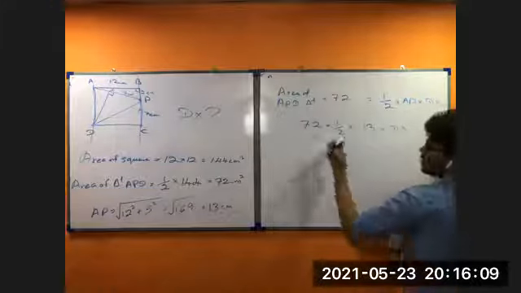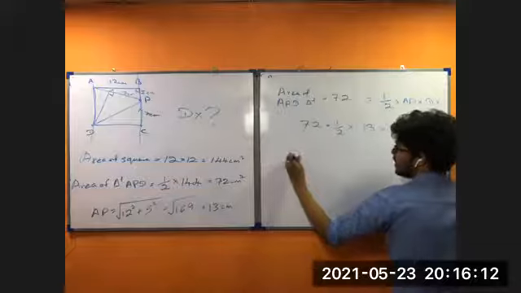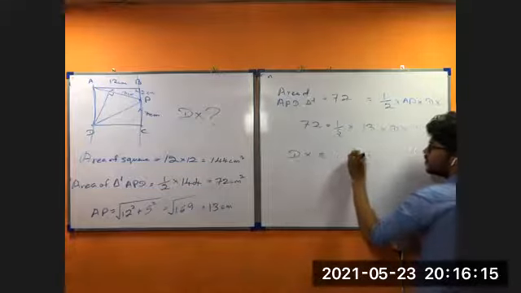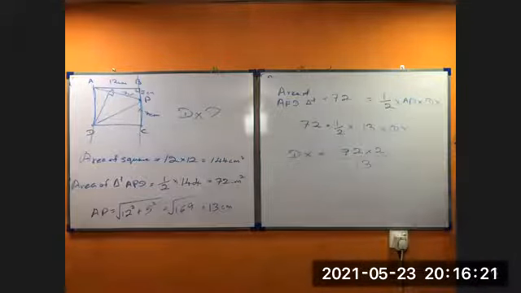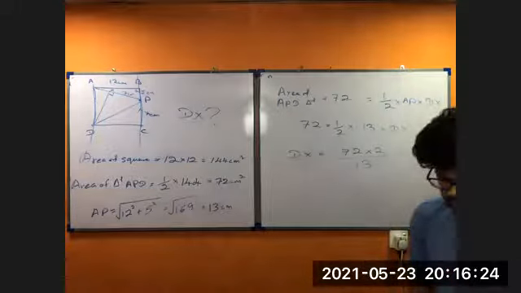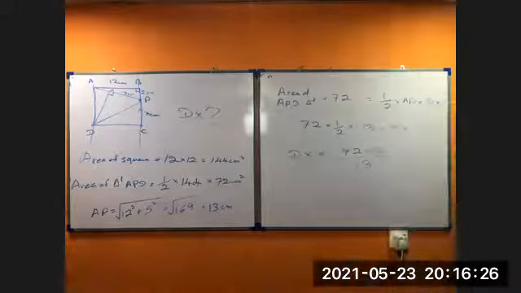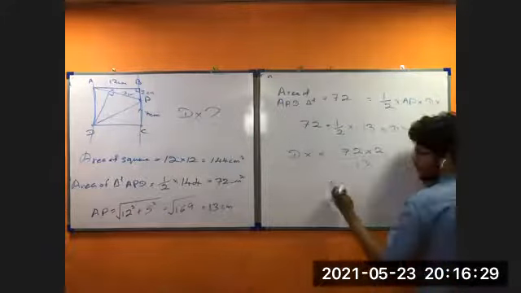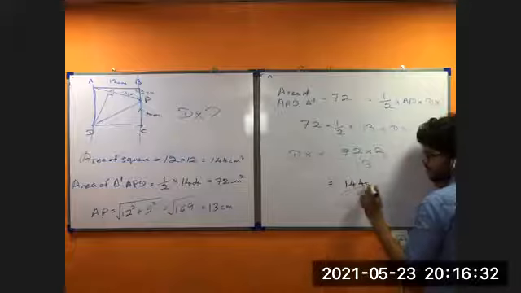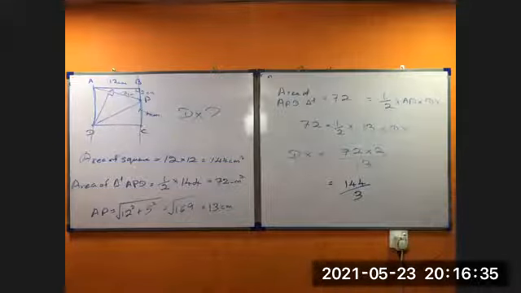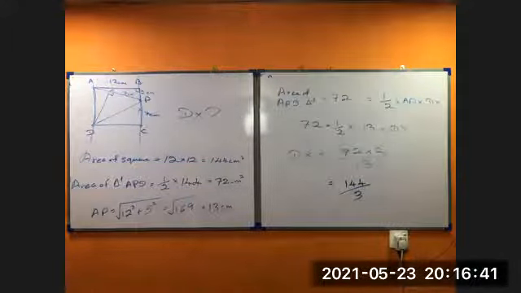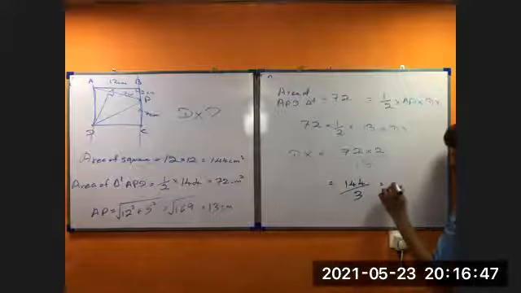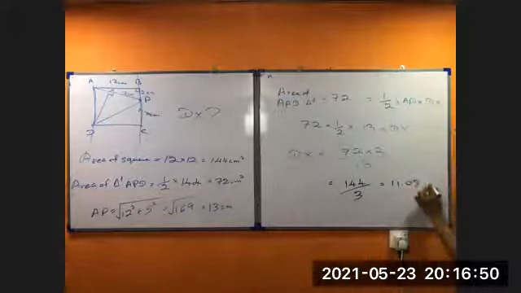You can take this to the other side and write DX is equal to 72 into 2 divided by 13. So that is going to be 144 divided by 13. If you want, you can convert it into decimals. That is going to be 11 point something, right? 11.03, I think.